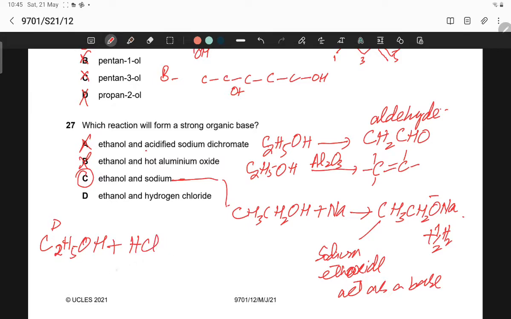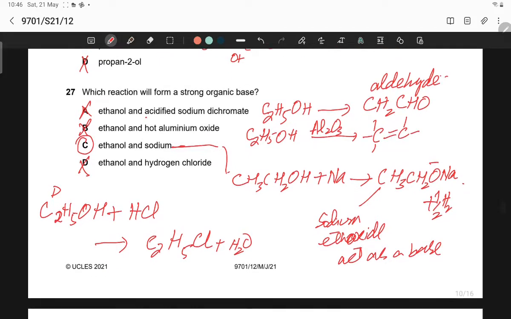Chloroethane is formed by nucleophilic substitution, C2H5Cl, plus water. So this is also incorrect. So option C is correct.